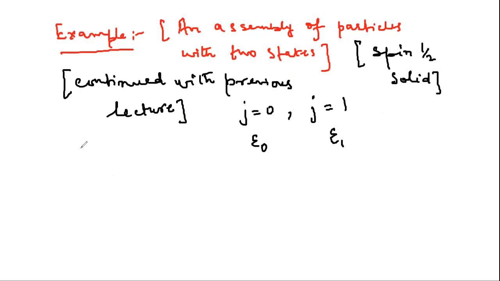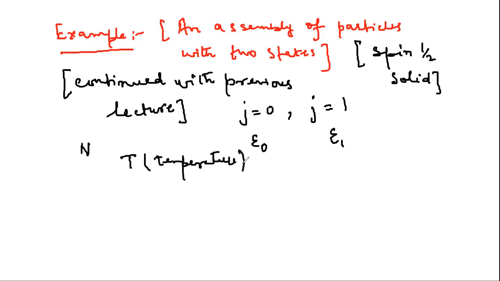So we had a total number of N particles in this assembly, which we assumed localized and weakly interacting. Then we wanted to figure out the expressions for the properties of this assembly at some given temperature T. This was our purpose, to find out the expressions for different properties of this assembly at a particular temperature T.